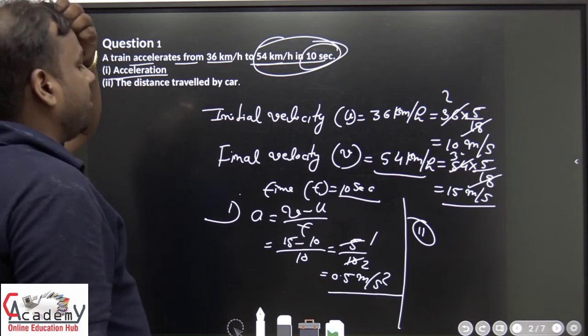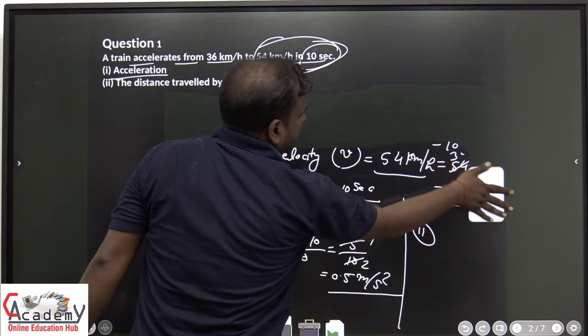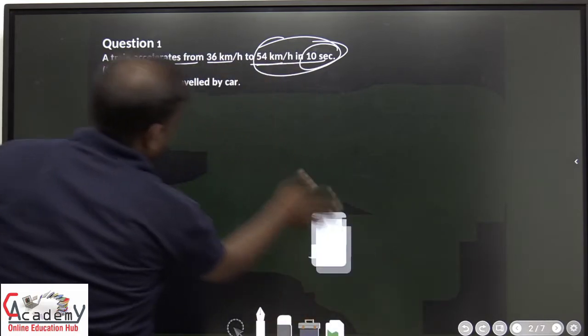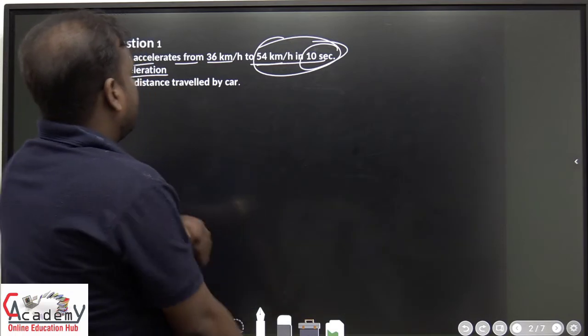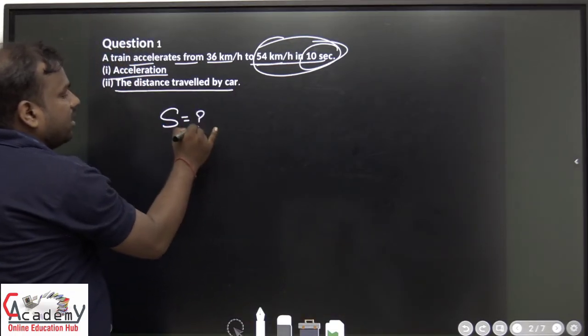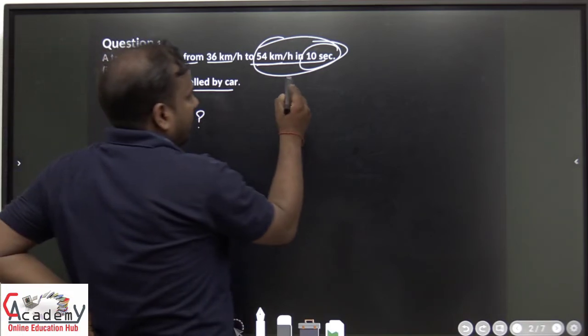Second one is the distance traveled by the car. Okay, how do we find the distance? Distance is represented by s, and we can find it from the equations of motion.